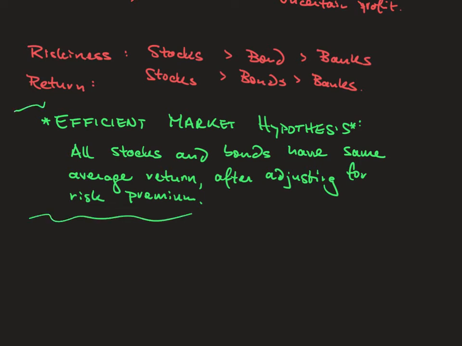So I've talked about riskiness, I've talked about return. Lenders care about these two things, the return and the riskiness. The efficient market hypothesis says that if the market is in equilibrium, then there will be the same average return after adjusting for the risk premium.